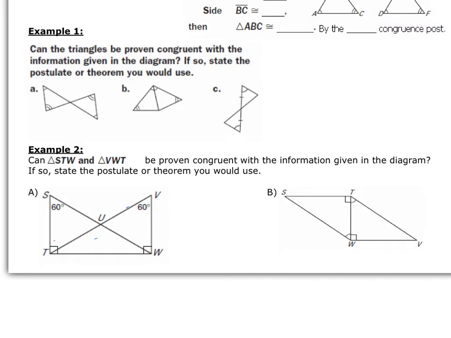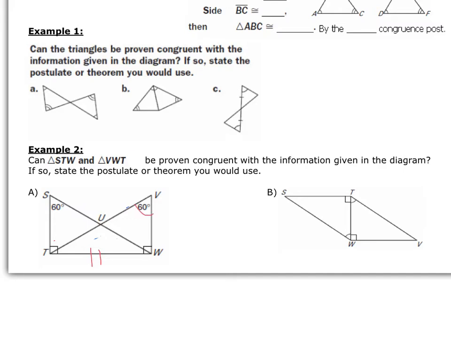Well, we don't have the hypotenuse, so here are the hypotenuses, and we don't know anything about those. What else I see besides the right angle is this overlapping side. These triangles are overlapping, so this side is congruent to itself.